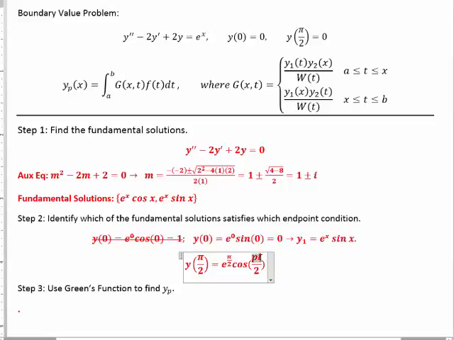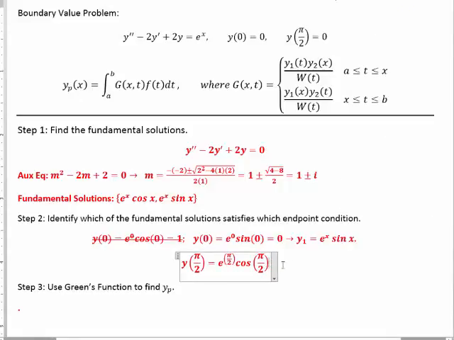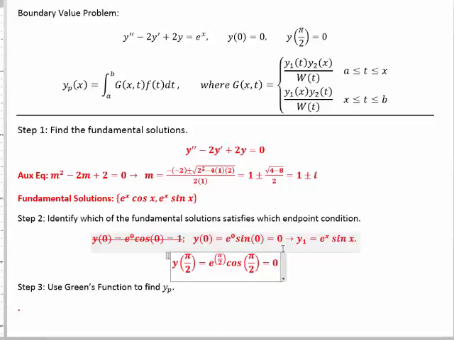Let's get that pi looking nice here, and maybe put this in parentheses just so it doesn't look too messy. And this is in fact equal to 0, which is going to be our sign that y sub 2 should equal e to the x cosine x.